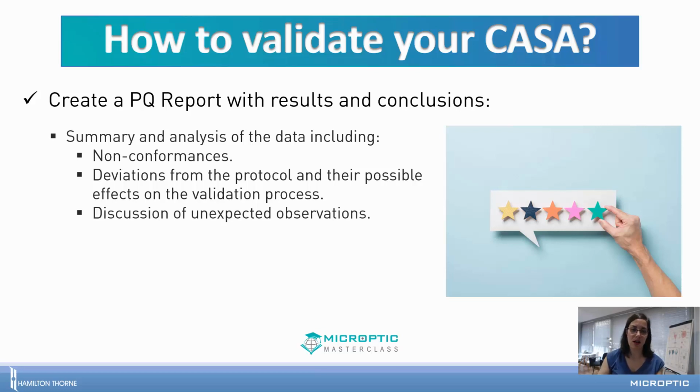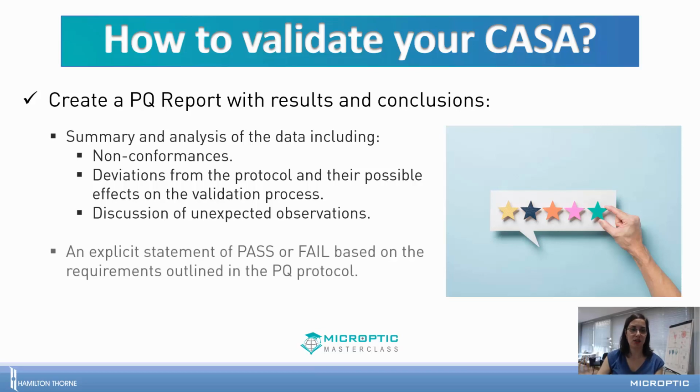You need to discuss the origin, the reason for these unexpected observations, and the criteria you followed to accept or reject them, and obviously reach a conclusion specifying whether the testing has passed or failed.